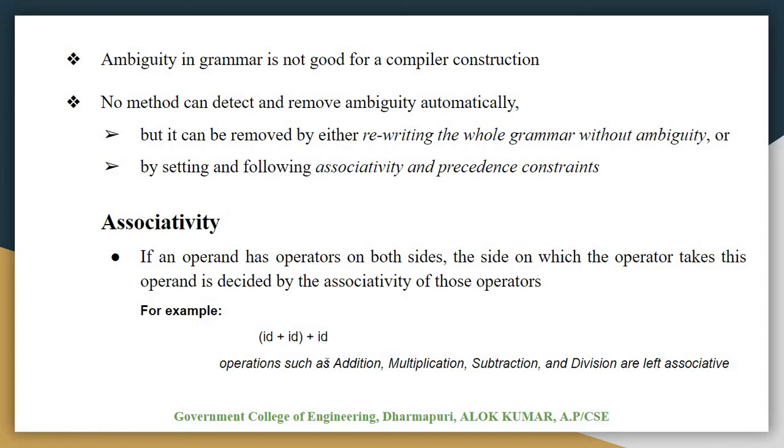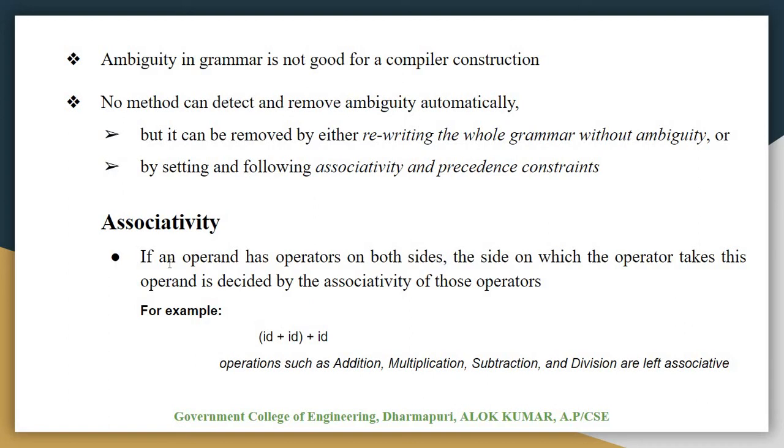Operations such as addition, multiplication, subtraction and division are left associative. It means that whenever an addition, multiplication, subtraction or division operator is coming, we have to follow left associativity.